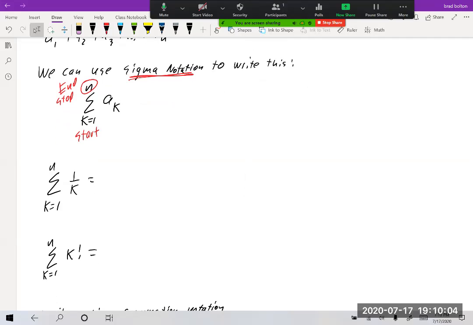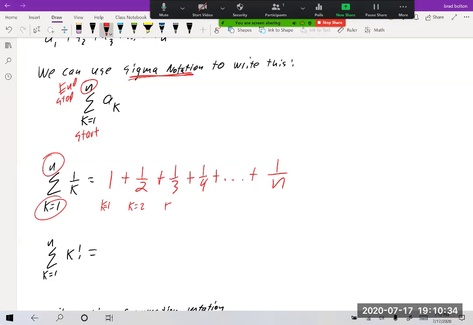So if I gave you 1 over k and I wanted you to write out the terms, and this goes to n, you would write 1 over 1, well, I guess that would just be 1, right? 1 plus 1 over 2, because now I'm plugging in 2, plus 1 over 3, plus 1 over 4, and then how far am I going to go? When am I going to stop? Well, I'm going to stop at 1 over n, because this tells me to stop there, and this tells me to start there. Remember, this is k equals 1, this is k equals 2, this is k equals 3, so on and so on, all the way down to k equals n.